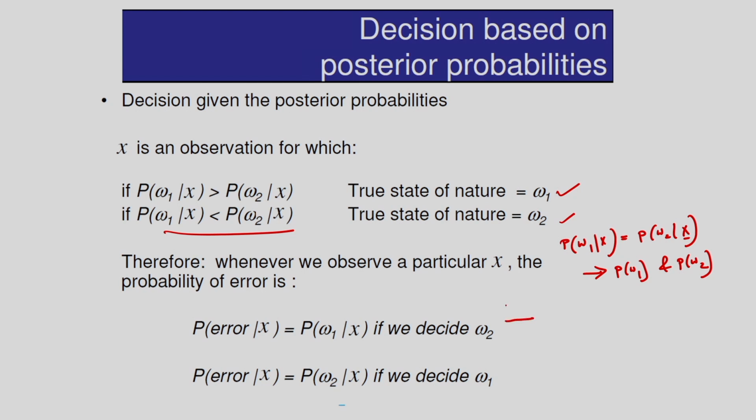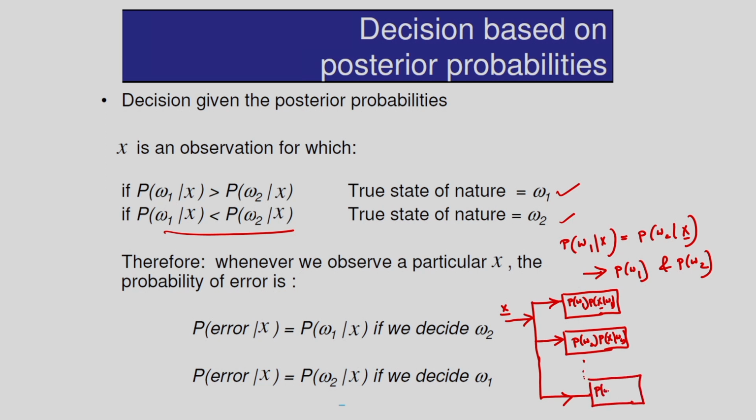Suppose the Fisher vector x is the input, and I can determine these values: probability of W1, probability of x given W1, probability of W2, probability of x given W2, up to probability of WC, probability of x given WC.